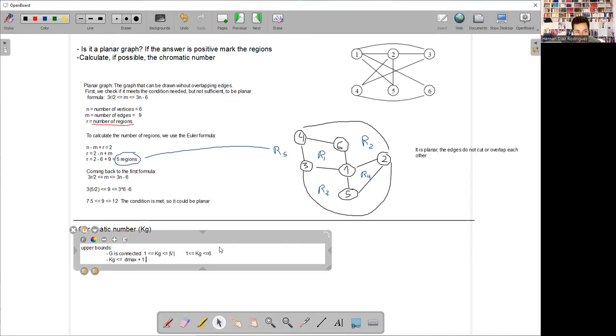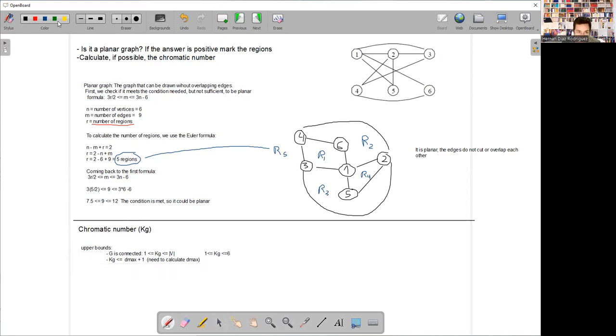Right, so we need to calculate the maximum degree of the vertices of the graph. The degree of the vertices was the number of edges that are incident on that vertex, right?